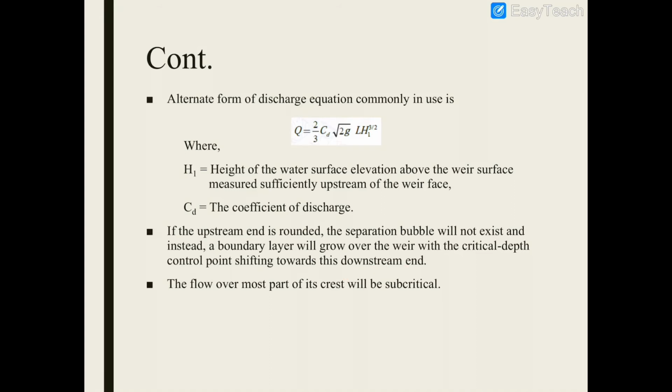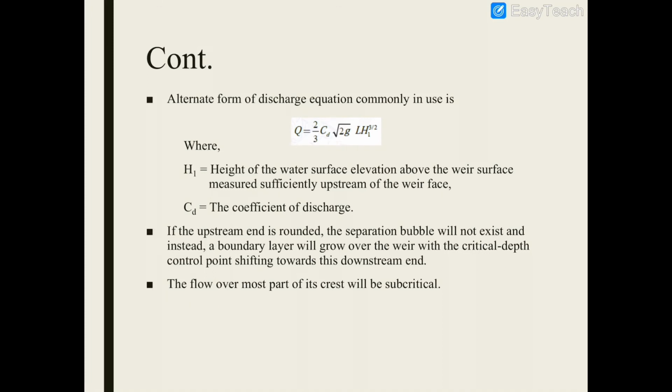Okay, if we provide a rounded upstream end instead of a sharp corner upstream as we have seen, then in that case the separation bubble will not exist, and the boundary layer will grow over the weir, and the critical depth control point which occurs at the upstream end in case of sharp corner, in this case it will shift towards the downstream end.